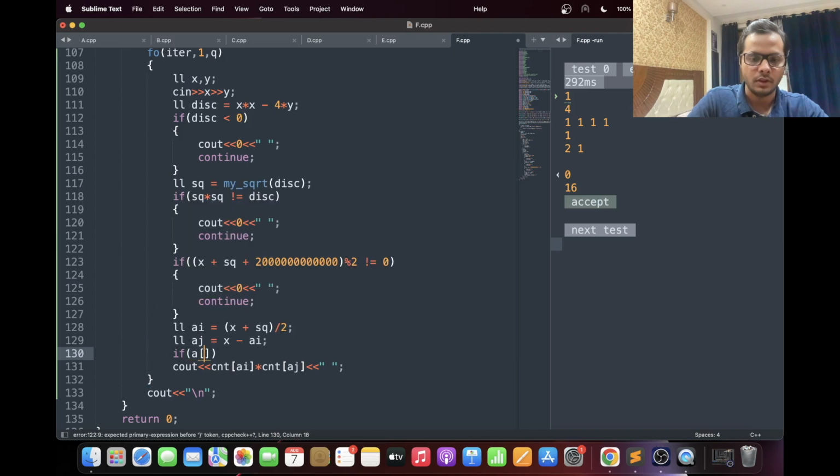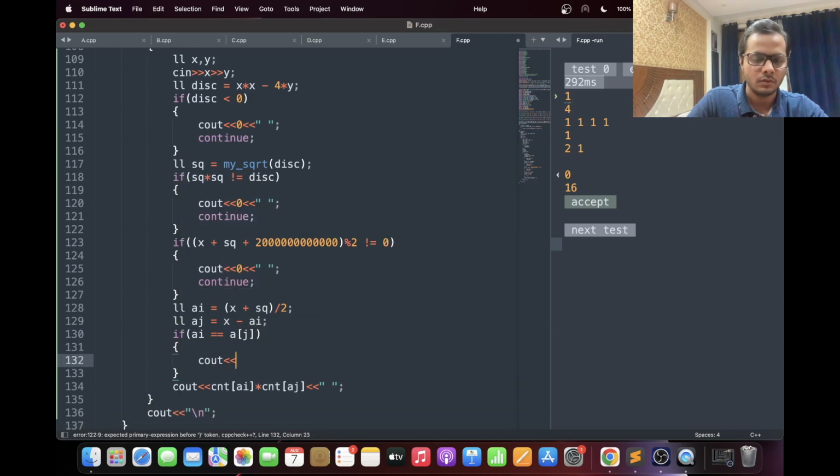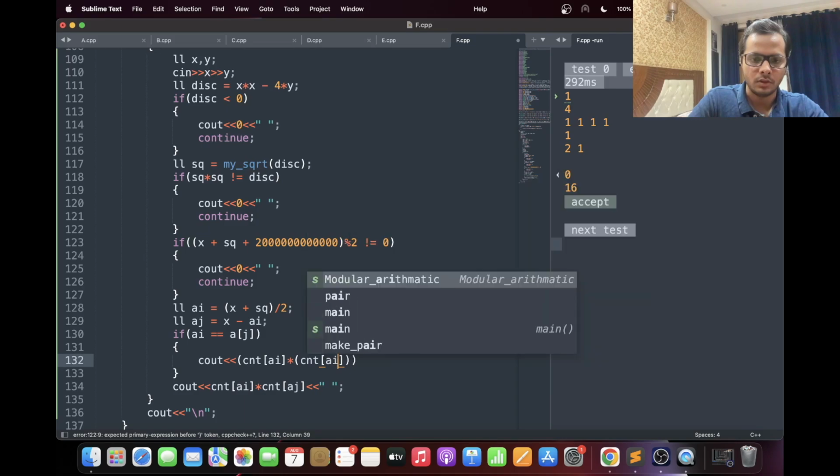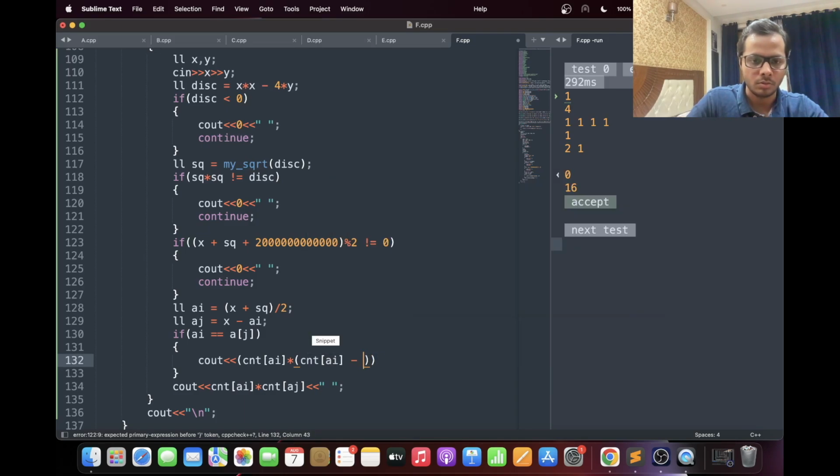Oh, so if AI is equal to AJ, it's a corner case. Count of AI into count of AI minus 1 upon 2.